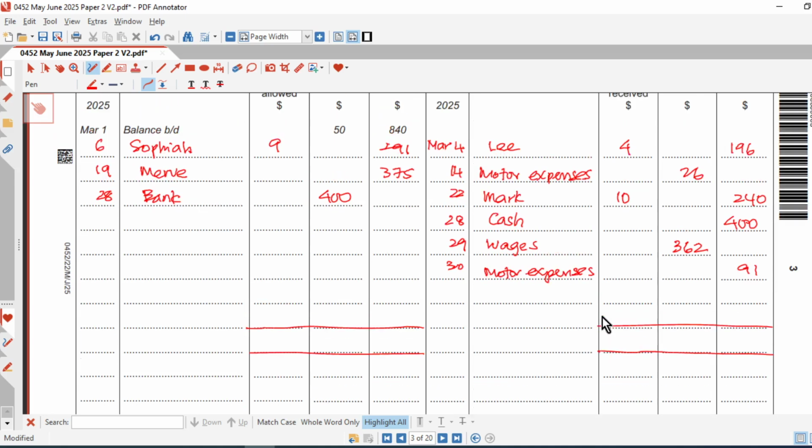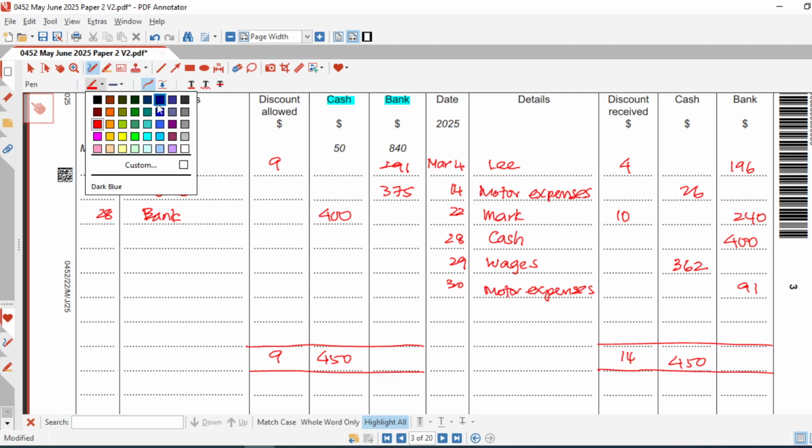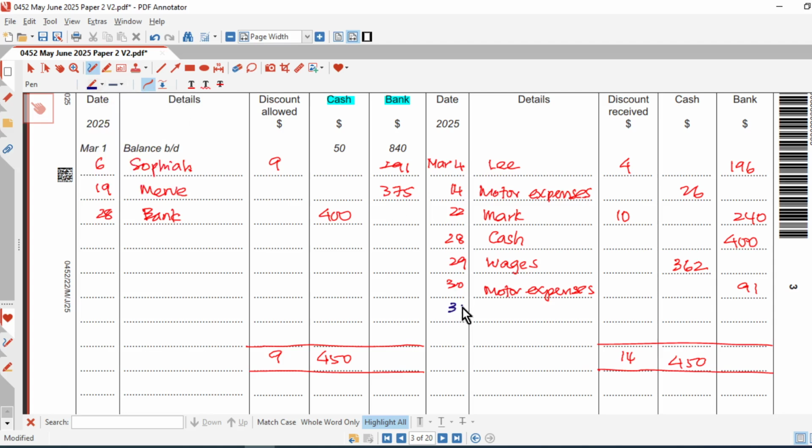So let's total up the discounts column first, because we don't need to work out any balances for that. Now let's work out for cash. If you look at cash, definitely the debit side is larger, so we're gonna put in $450 on the debit side. I'm gonna use a different color just for the closing balances.